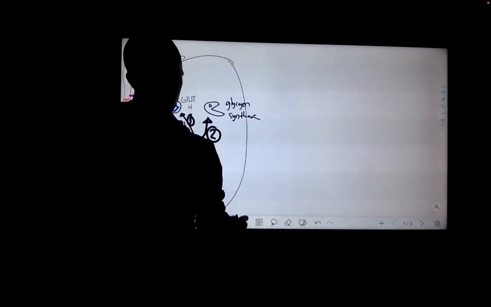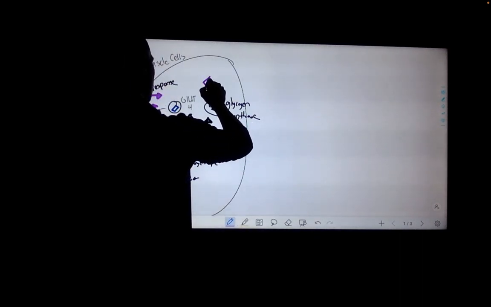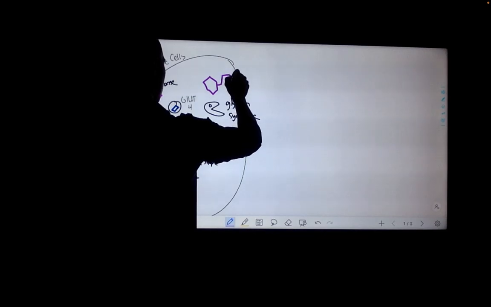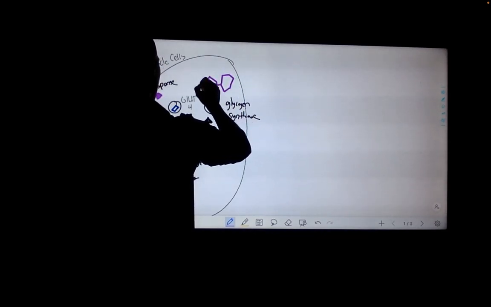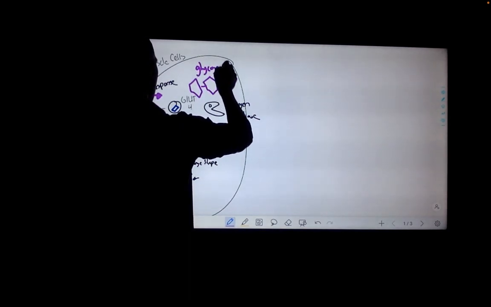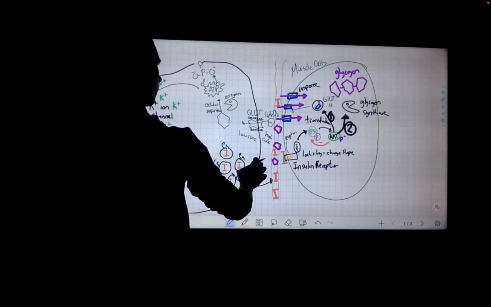Glycogen synthase is an enzyme that can only interact with glucose, and what it does is it binds specific molecules of glucose together to form a polymer of sugars called glycogen. Glycogen is a long chain of glucoses stored together in your muscle cells that allow you to take lots of sugar from a pasta party or too many pieces of candy and store it for later.